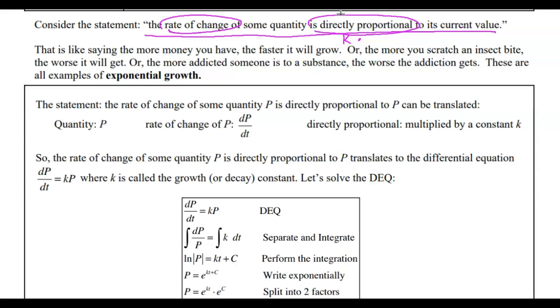So we're going to let the quantity be P. The rate of change of some quantity would be dP/dt, and directly proportional to P means k times P. So if we set that statement up as an equation, we would have dP/dt equals k times P. And that's a differential equation because it's a derivative.